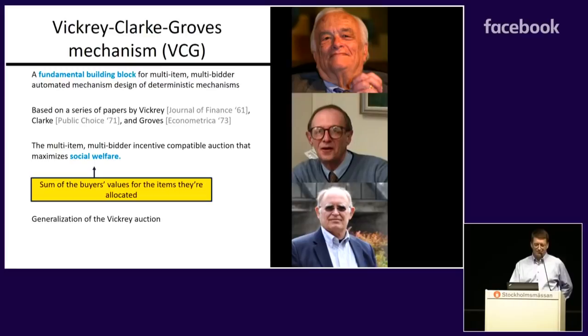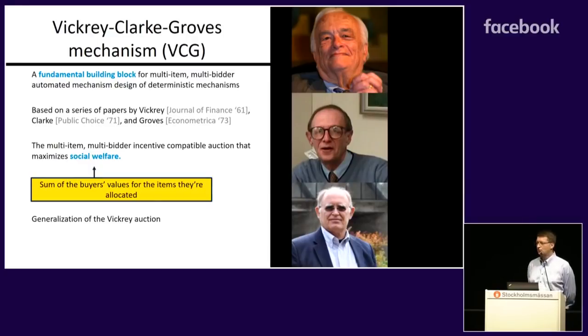But the mechanism class that I'm going to talk about is probably the most famous auction class in the auction literature. We're going to start from that, and then we're going to transform it to something better, higher revenue. This is called the Vickrey-Clarke-Groves mechanism, or VCG.